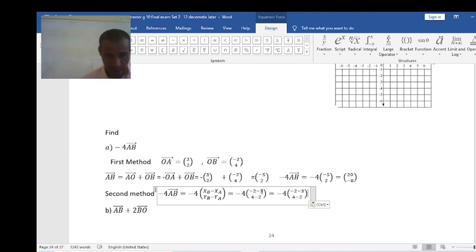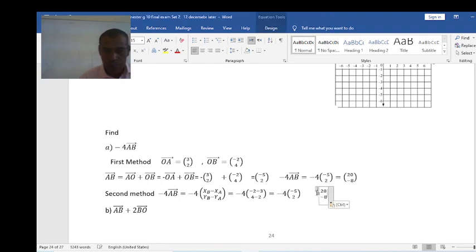Negative 2 minus negative 3... 4 minus 2 is 2. Multiply by negative 4 and it will be 20 and negative 8. I wish you got the point, my learners. So just multiplication, you got the same answer as that. Clear?